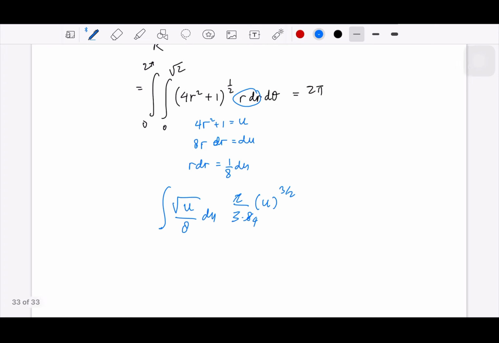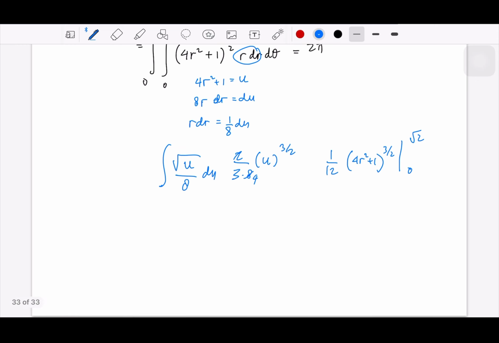So 1 over 12, square root of 2, this will be 8, and then 9 times 3 is 27, and then minus 1, right, so 26.